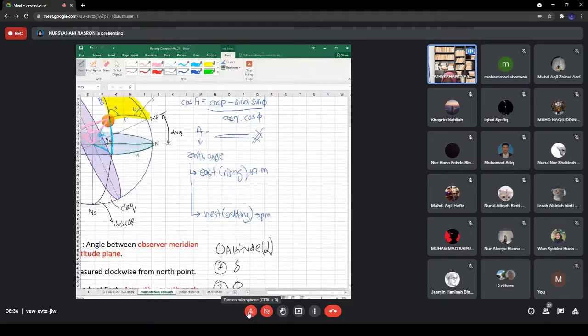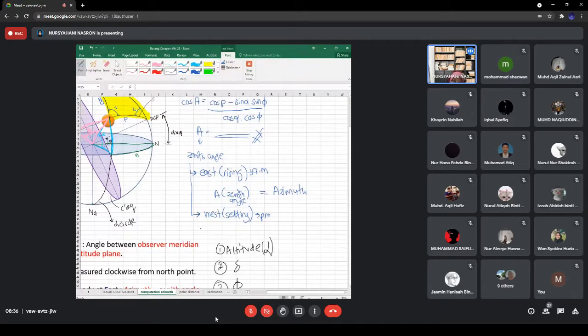When your time of observation is in the morning, and you calculate the value of A, that means the zenith angle here is equal to the computation azimuth.